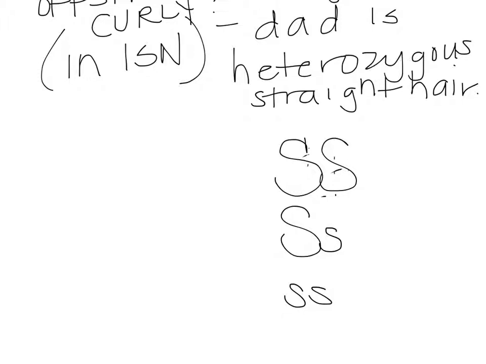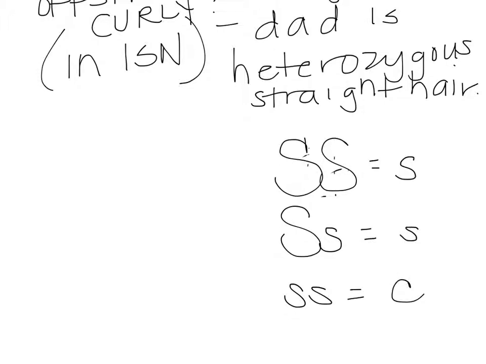So remember, dominant always wins. So if there's a capital letter in the genotype, then the dominant trait will show up. The recessive trait will still hang around, but it will not show up. So in this case, they'll have straight hair. In this case, they'll have straight hair. In this case, they'll have curly hair.